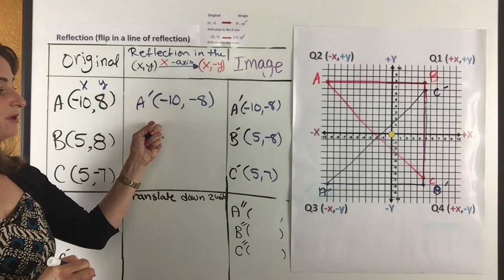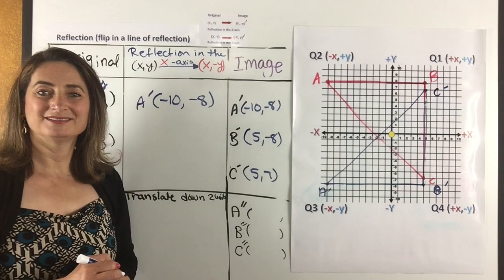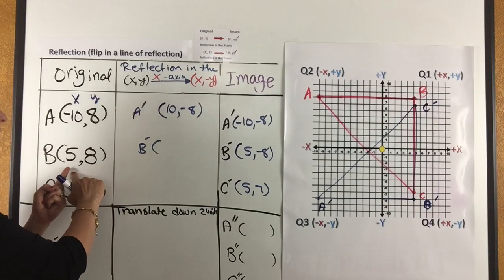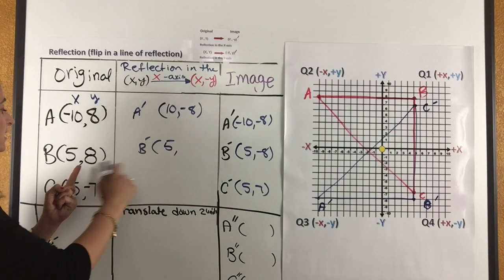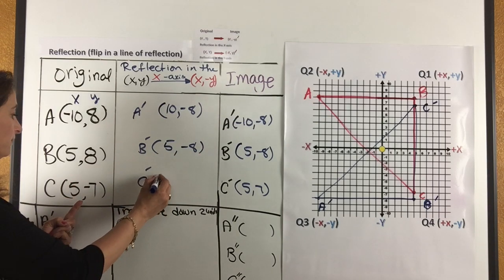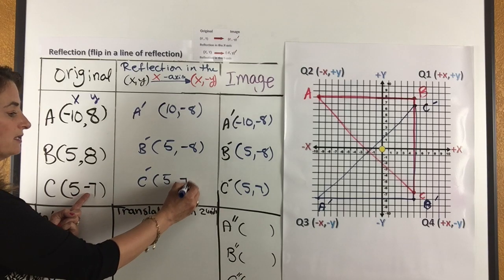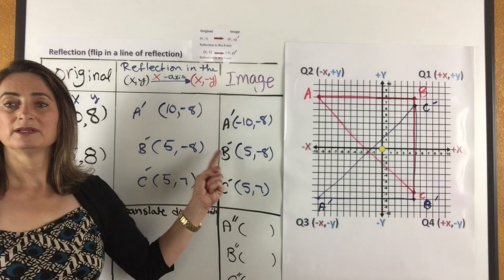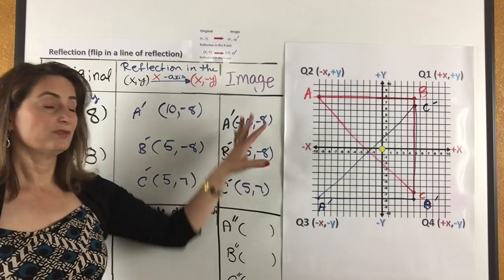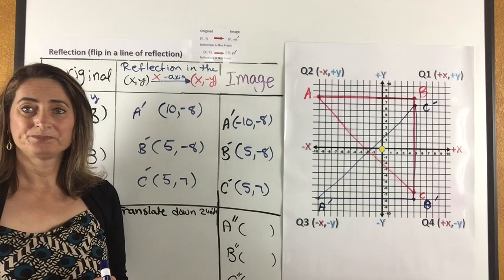And that's the A prime, and that's what we got here, negative 10, negative 8. B prime, keep the X the same, 5, and change the sign of the Y, which is negative 8. C prime, keep the X the same, change the sign of the Y, positive 7. See how you end up the same way. Whether you count spaces or you follow the rule, you'll end up the same way.